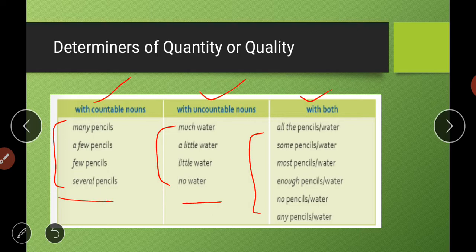We commonly use the word some in sentences. Water is uncountable actually, but we can use the word some. And most of the water, most of the river water is polluted these days. So we can use these kinds of words with countable and uncountable nouns. I hope it is clear to you. Let us move to the next one.